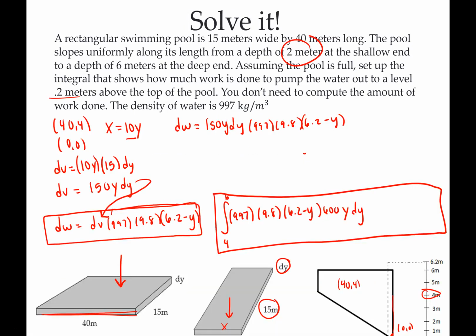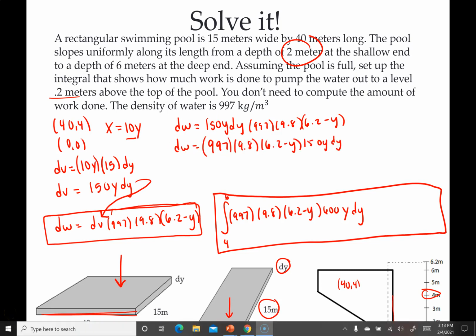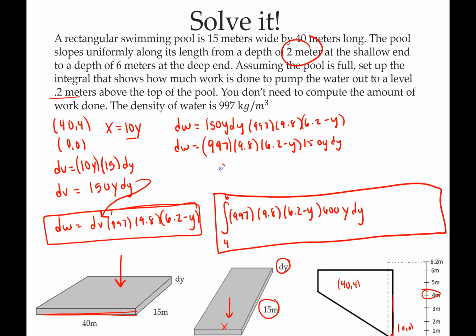So this is going to be dW equal to all of this right there. And then I know that I can write this as an integral. We're talking about the integral from 0, you can't see the 0 but it's down there, to 4. So it's going to be the integral from 0 to 4, and I'm just going to write this back.